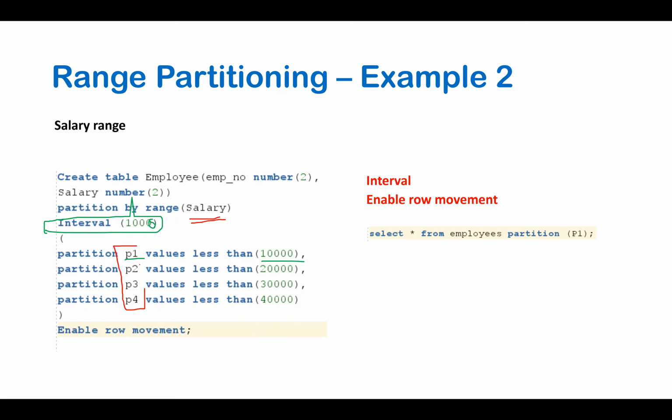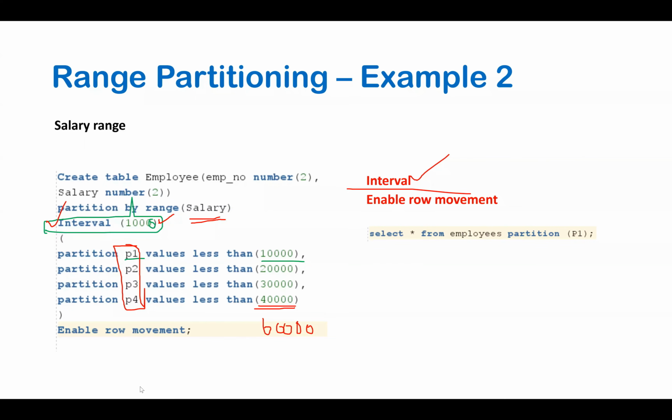But this partitioning is dynamic partitioning. Why? In future, if you are getting any values, something like 60,000, 65,000 or anything, automatically it will go to the particular partition. How? We are making this interval. So this keyword you have to use. Use this keyword to dynamically create the partitions. Who will create them? Oracle will create them. So make sure that you are using the keyword called interval.